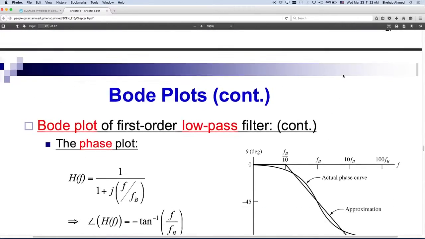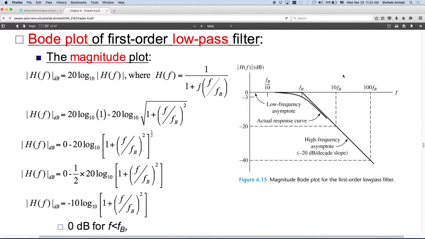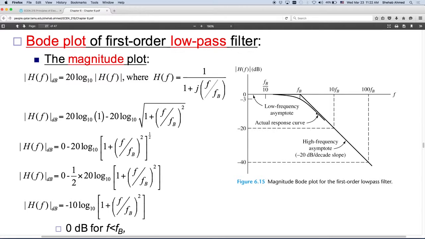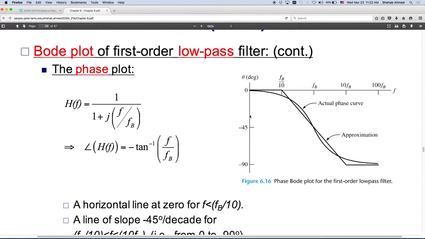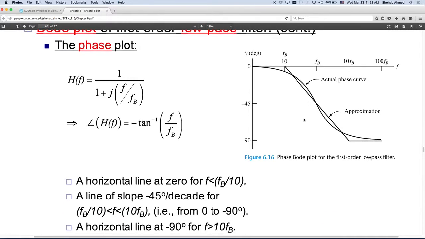So it's very important to know that for the magnitude, the slope is 20 dB per decade. For every decade, the magnitude will change by 20 dB. And for the angle, the slope is 45 degrees per decade.